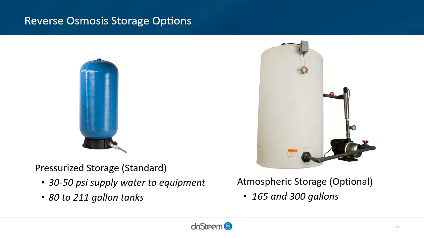For atmospheric storage, on the other side, we need a means to pump it. It's got maybe a couple feet of positive pressure, and we obviously need a little more than that for most applications. So we use a pump in this instance with that UV recirculation, and that tank physically would hold 165 or 300 gallons.